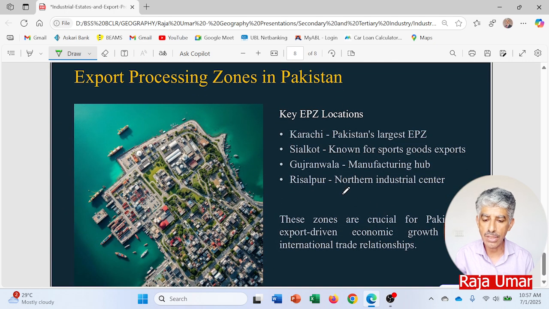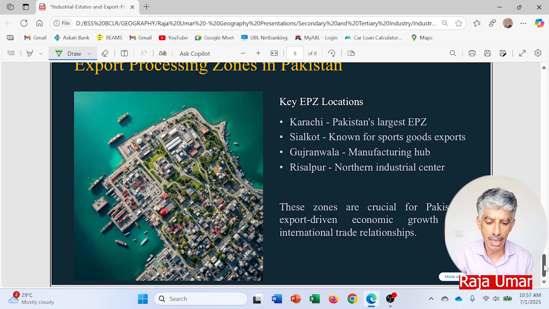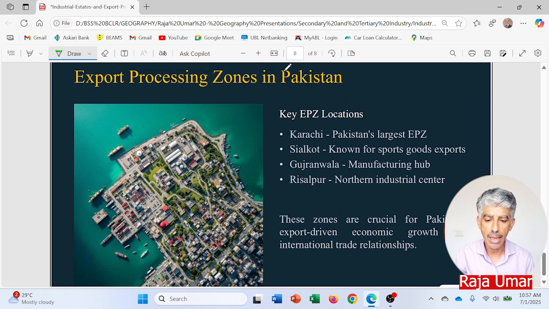So export processing zones in Pakistan, where are they? The key export processing zone locations are, first, Karachi. Pakistan's largest export processing zone is there. Sialkot, known for sports goods, what we call Sambadiyal.